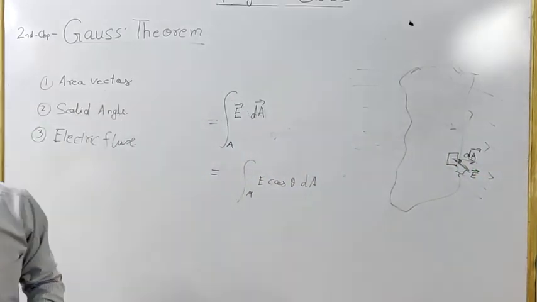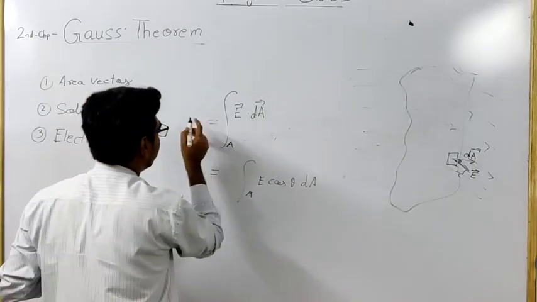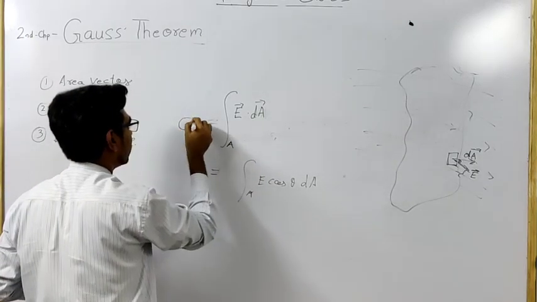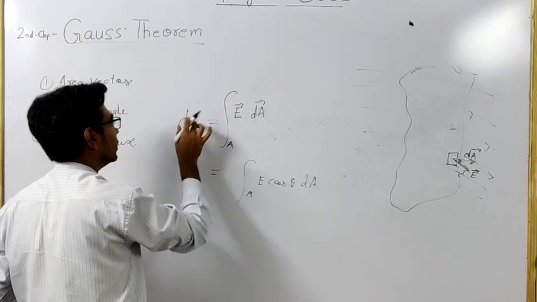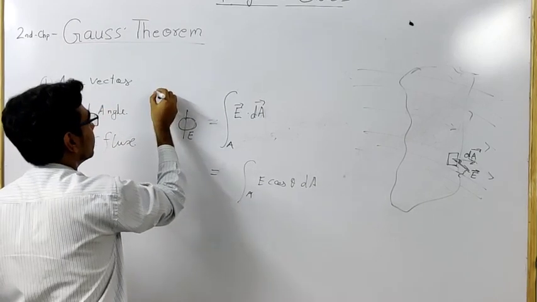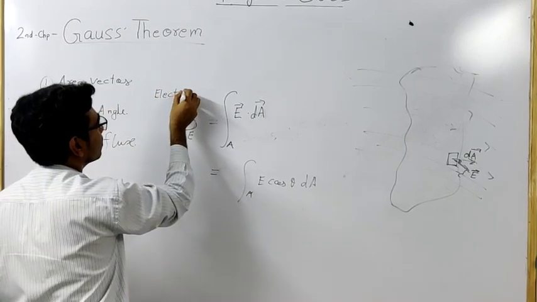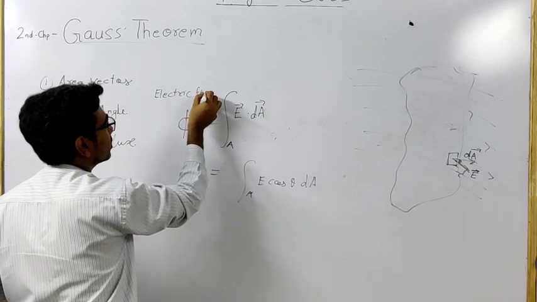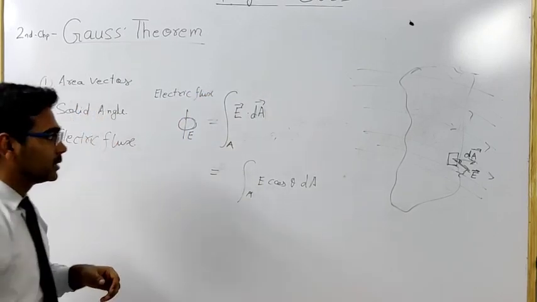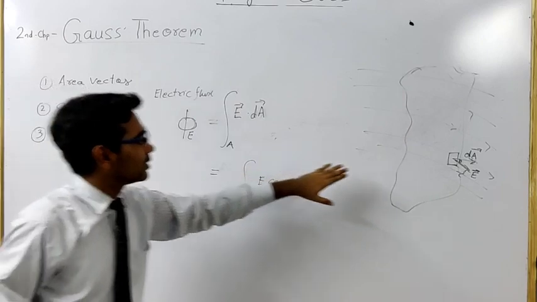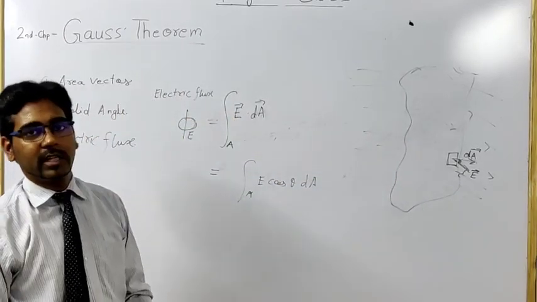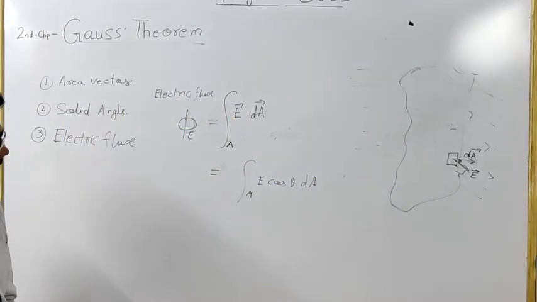Okay, so this is called phi E, the symbol for electric flux. That is how many lines of force are passing through this area held in the electric field.